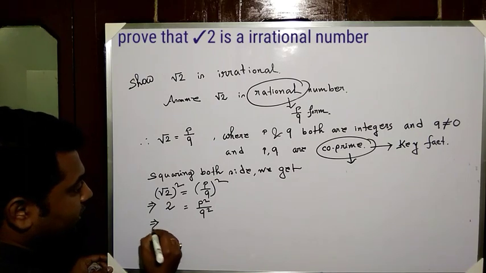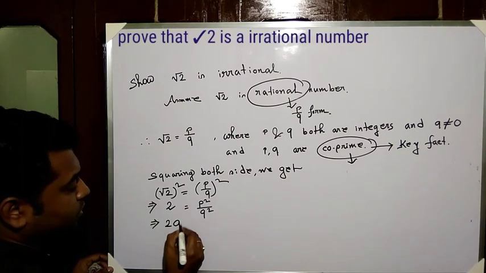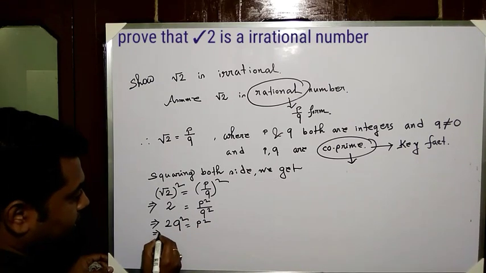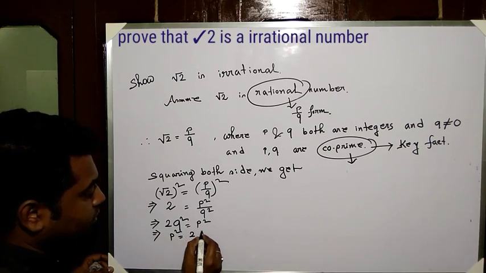So this way you can write 2q square equals p square. So p square equals 2q square.